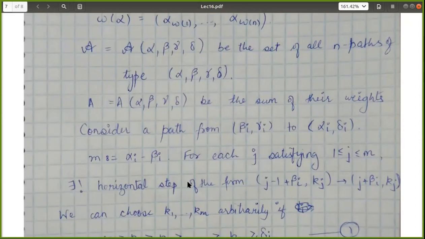then there is a unique horizontal step which looks like it is (j minus 1 plus beta_i, k_j), and it goes to (j plus beta_i, k_j), right? Depending on which step you're standing at.